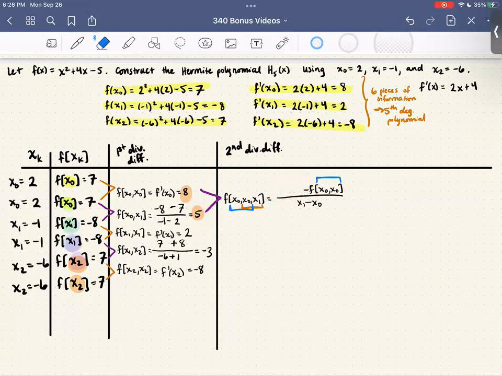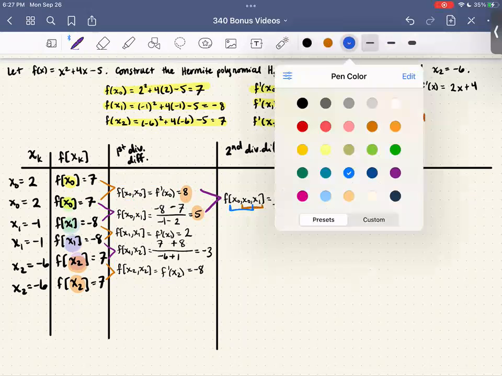This one will become 5. And I'm going to replace this divided difference by this value that I computed. So 5 minus 8. Give myself a little more room here. And in the denominator, I'll have x1 minus x0. This will give me 1.